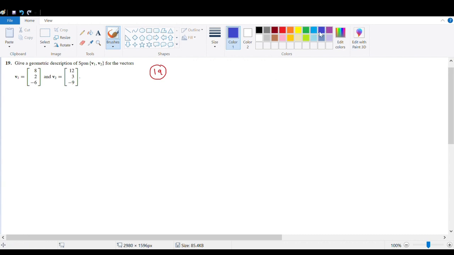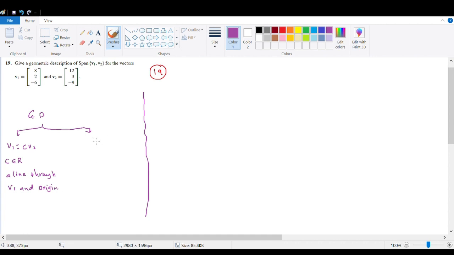We know for the geometric description, for two vectors, if the vectors are multiples of each other, for example, if we can write v1 is equal to c v2 for any c where c is in R, that means the geometric description is a line through v1 and the origin, which is 0, 0.